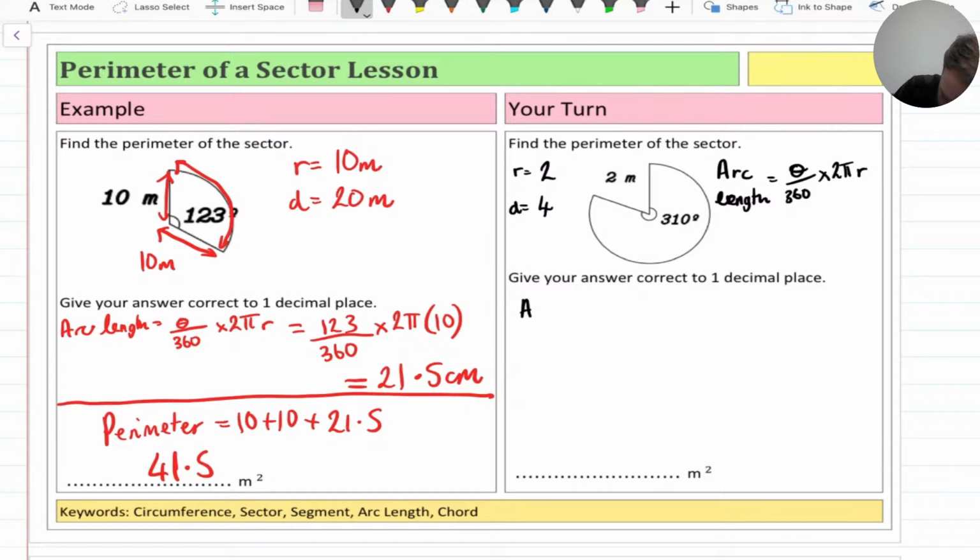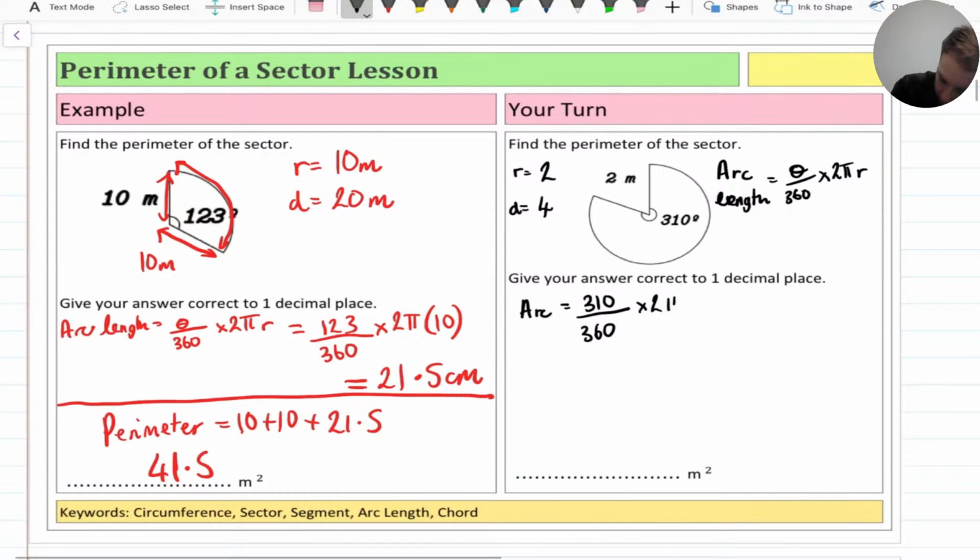So my arc length is equal to my angle, which is 310, divided by 360, times by 2 pi times by r, which is 2 as well.